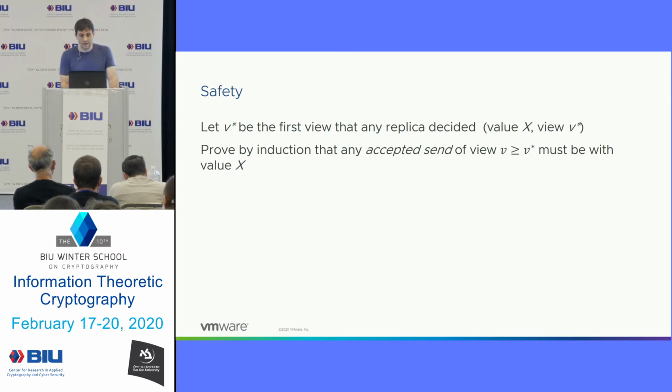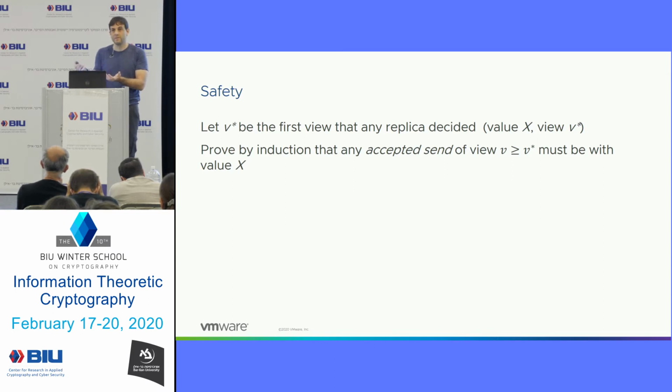And what we would like to say is that anytime we accept a send, so we receive n minus f echo 2s from a party in a view that is larger than V star, then this must be of the same value x. So if there is a value that reaches the point of being accepted, then it must be the same value as the decision value that happened in V star. So this is why we will always be safe.